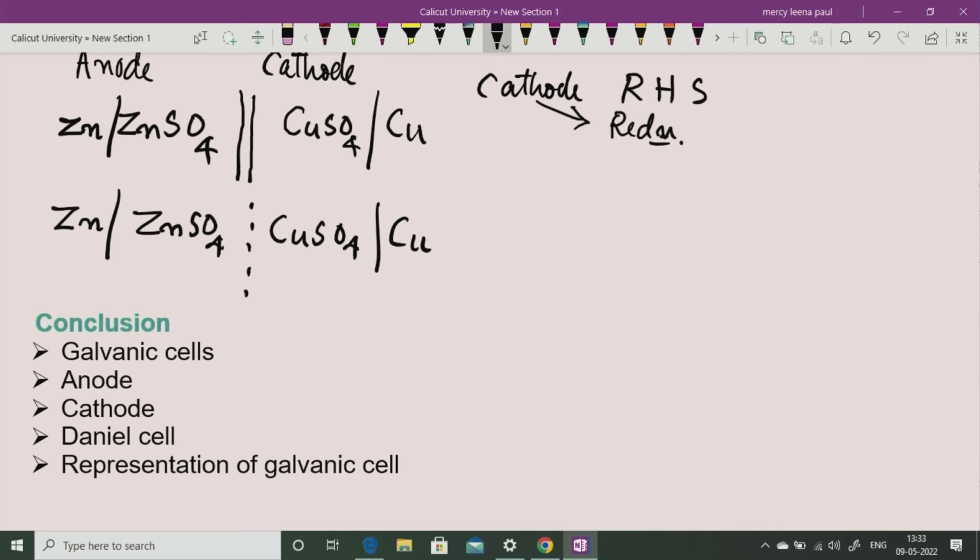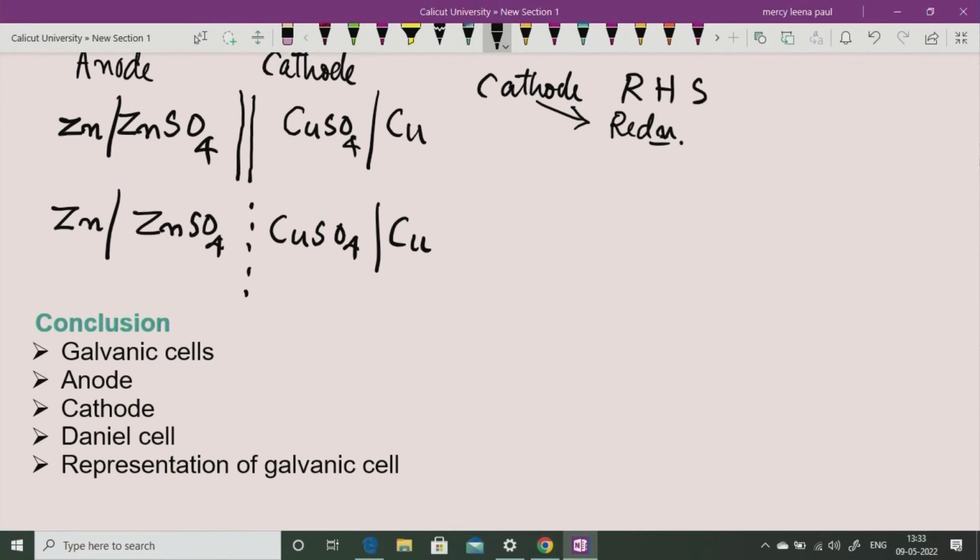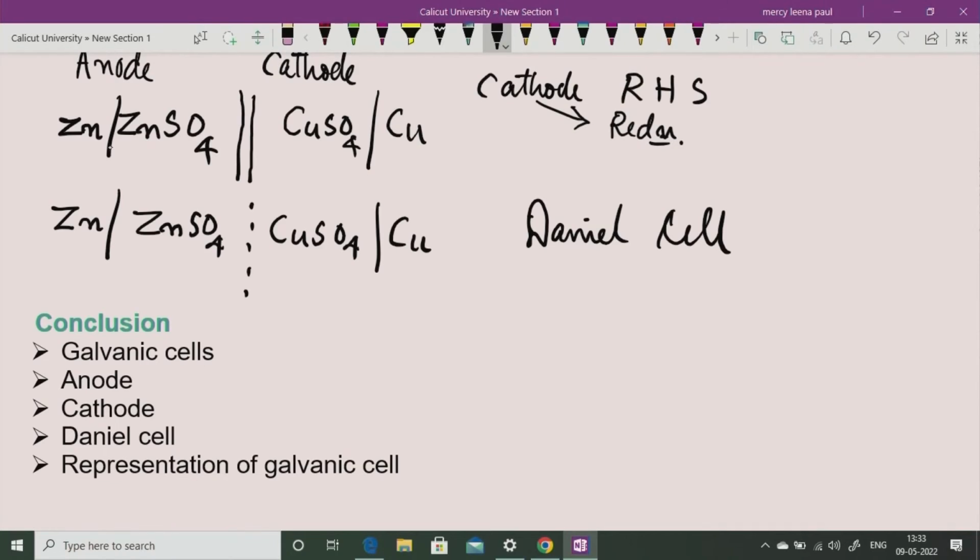So, both the electrolytes, that is the anodic and the cathodic electrolytes, are put together, and we have either a salt bridge or a porous diaphragm. When we use a porous diaphragm, we call that cell setup the Daniel cell. The other one is generally a voltaic cell, in which these two solutions are separated by a salt bridge. Okay. So, this is how we have to write a cell.